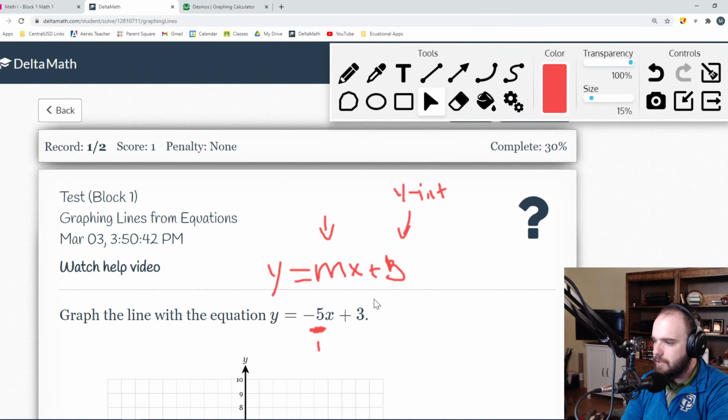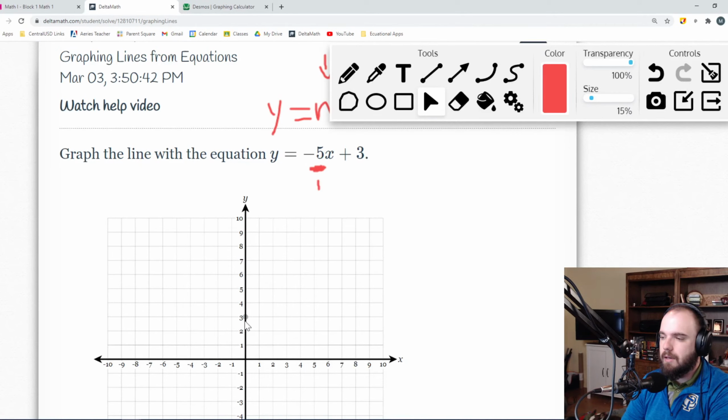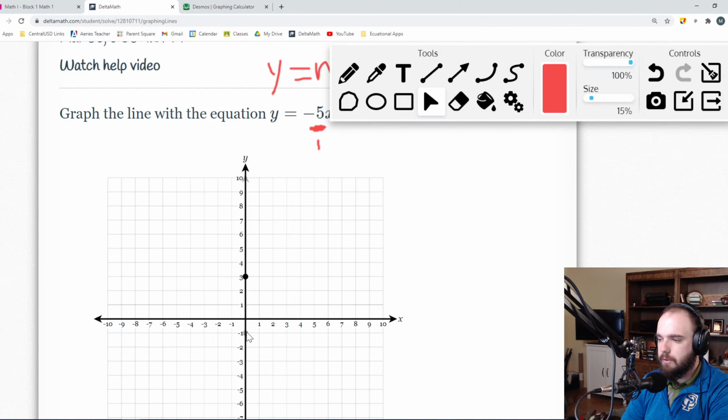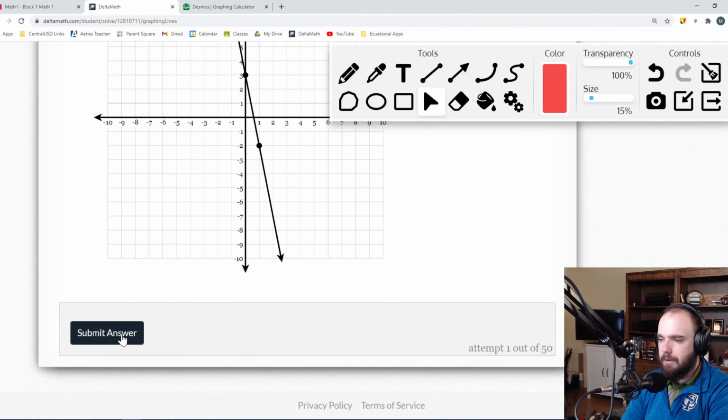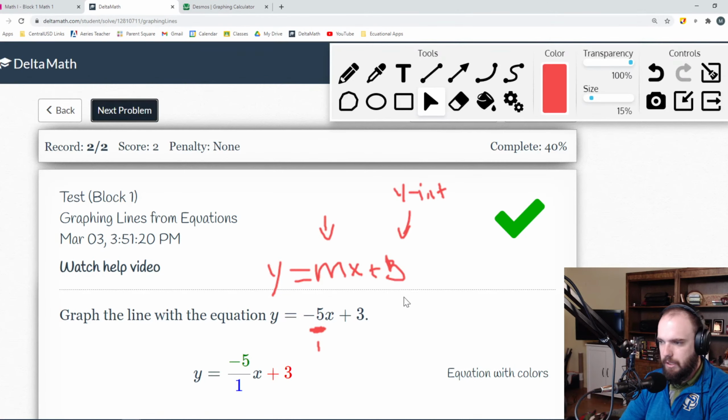So my y-intercept is going to be a positive 3. So we're crossing the y-axis at positive 3. And now I just need to use the slope to find the next point, right? So we're going down, it's negative 5. So that means I'm going down 5. 1, 2, 3, 4, 5, and over 1. That's going to be my answer. Okay, perfect, voila. So that's what you're doing for these.